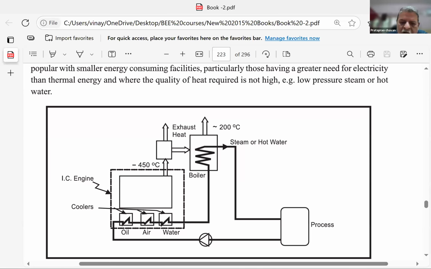Yeah. Because what we want to recover, the energy auditor is a miser. He wants to collect heat in whatever small quantity available and use it. He doesn't want to waste it. So what I am doing, when this cooler is there, the high temperature lubricating oil comes to the cooler.